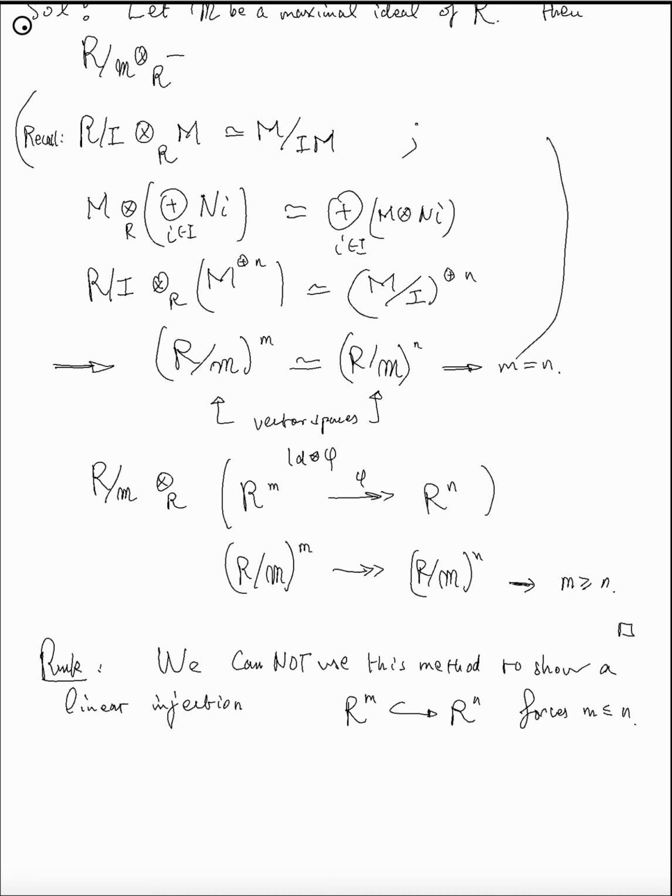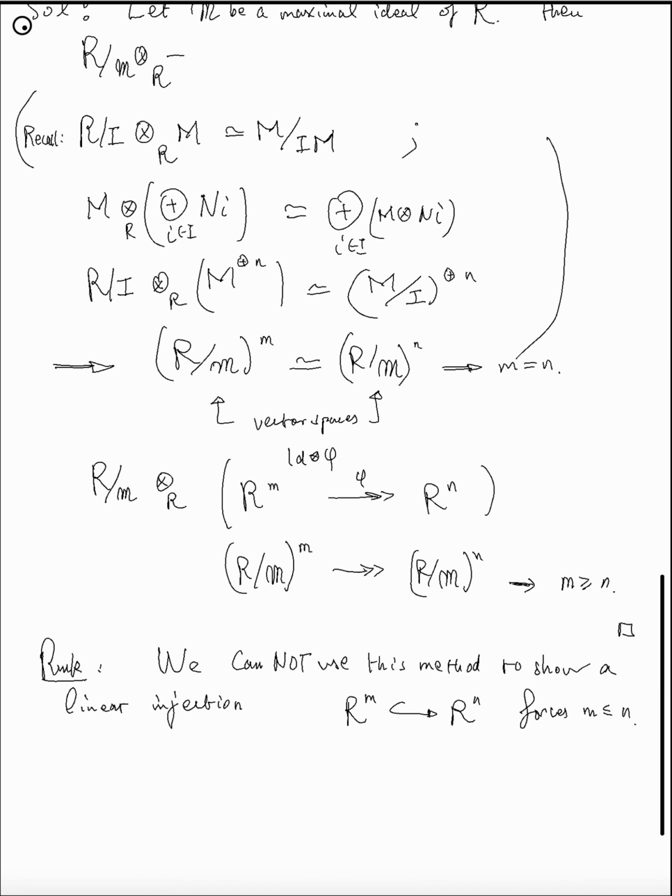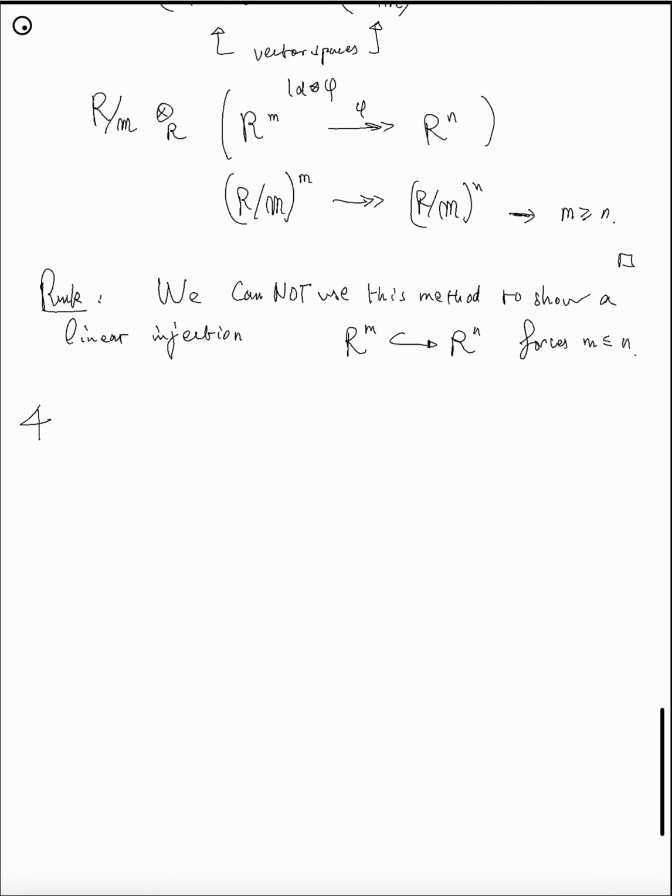Okay, so let's say one more exercise. Exercise 4. Let R be a principal ideal domain, and let M be a finitely generated R module.